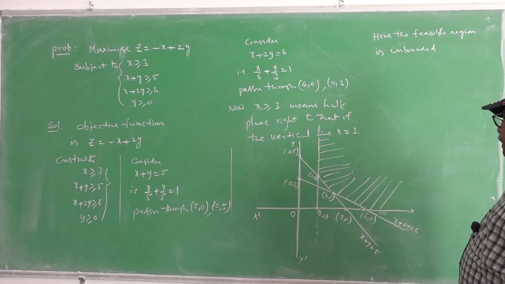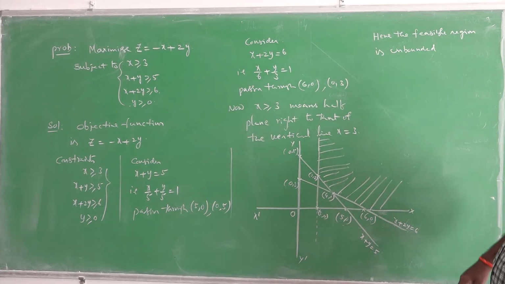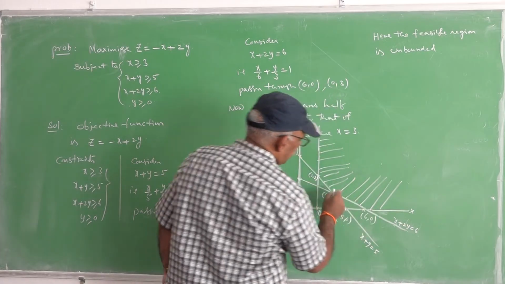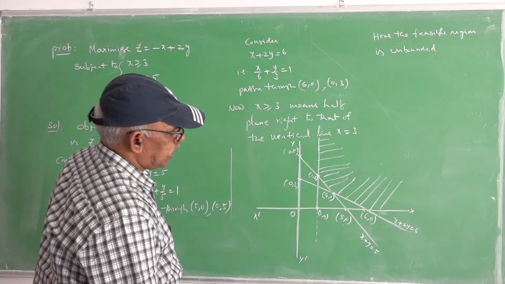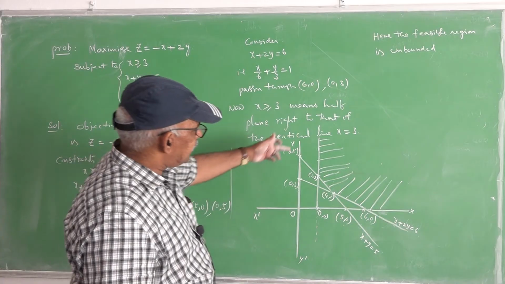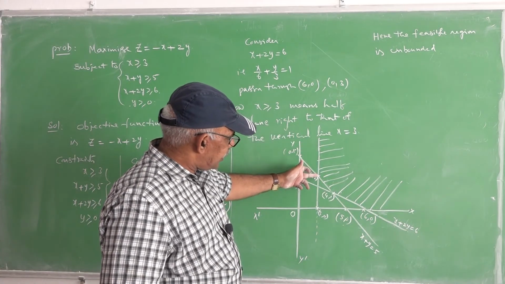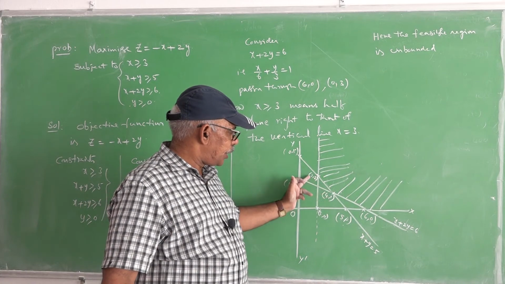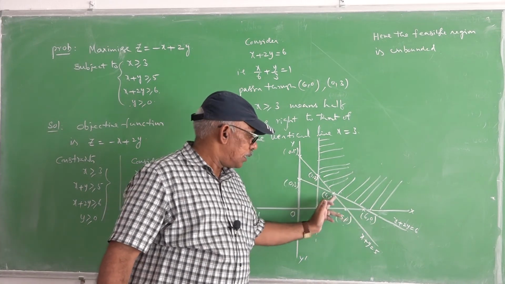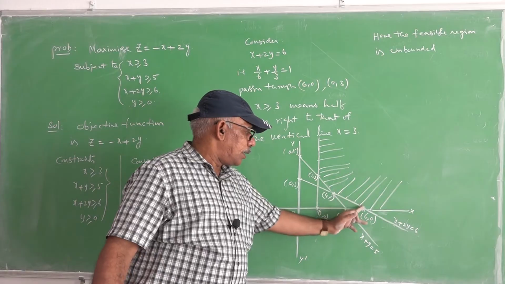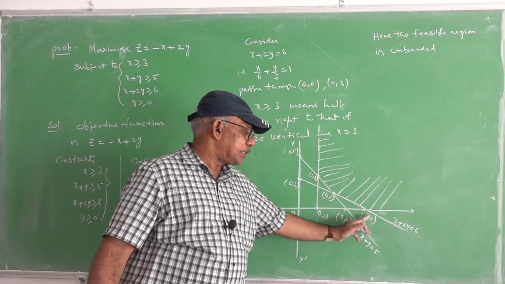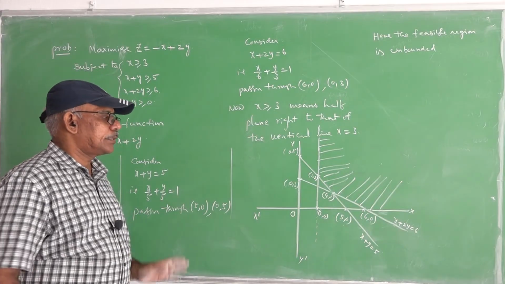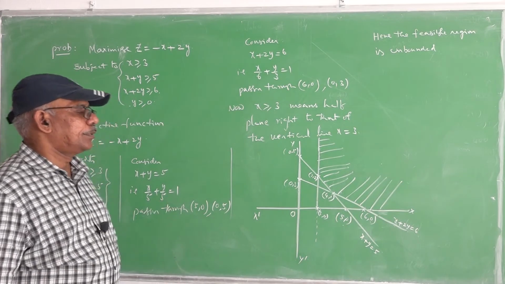The minimum may be along the border. Along the border means this is x equal to 3 and this is the line segment that joins these two points 3 comma 2 and 4 comma 1, and this border is along this line joining 4 comma 1 and 6 comma 0, and next the positive x-axis, that is the boundary of the region.